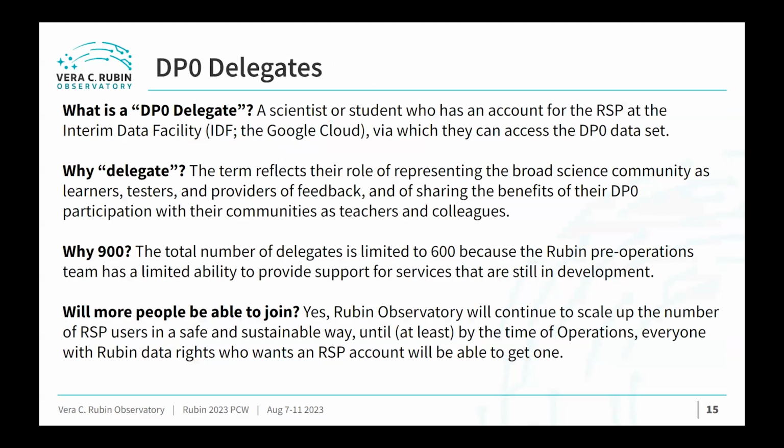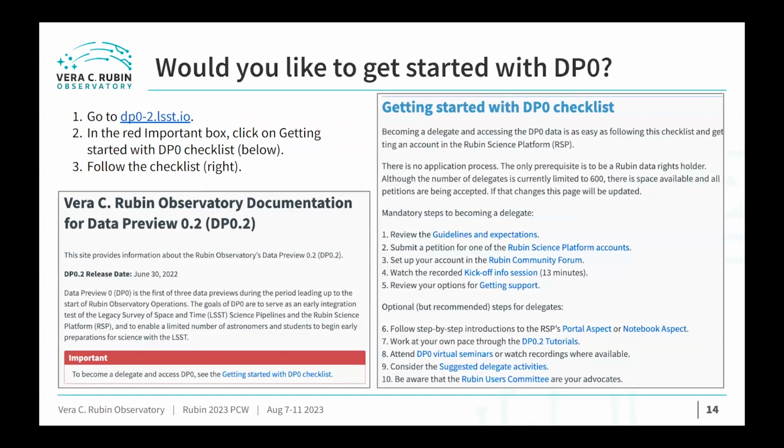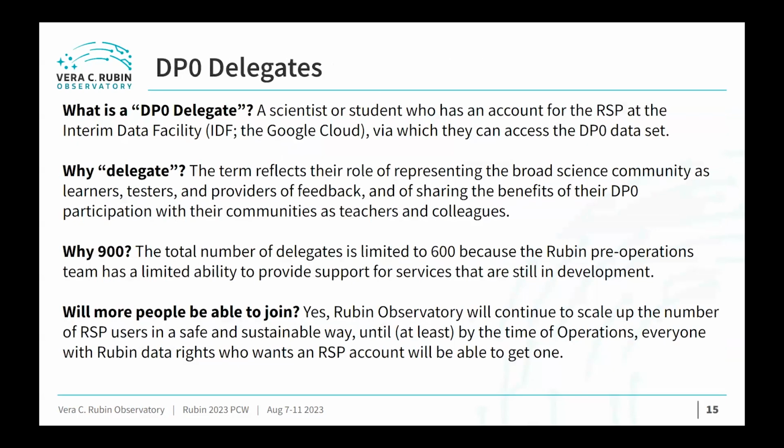All right. So we're going to go through this checklist to get started with Data Preview 0. This process of getting an account in the RSP where you have access to DP0 automatically makes you what we call a DP0 delegate. We've been using this special term during Data Preview 0 instead of just user.